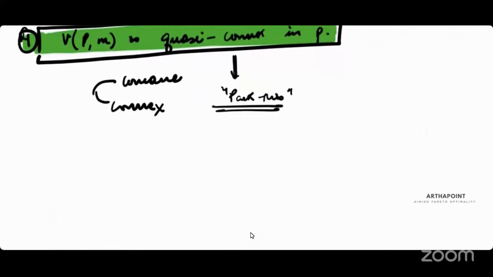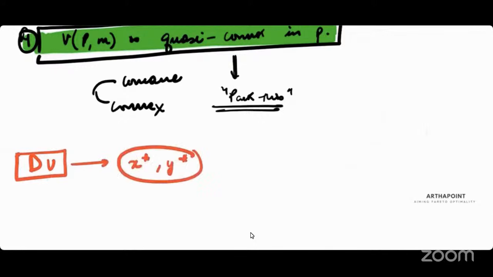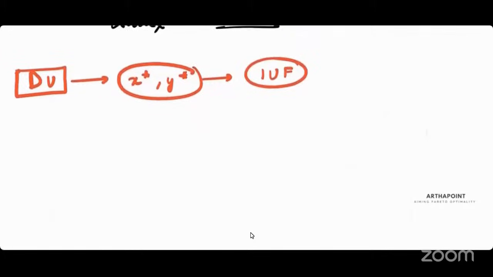Now, you have been able to start with a direct utility function, find the optima x star, y star, from there find indirect utility function. Now, once you find this indirect utility function, you can go ahead and find a corresponding expenditure function.